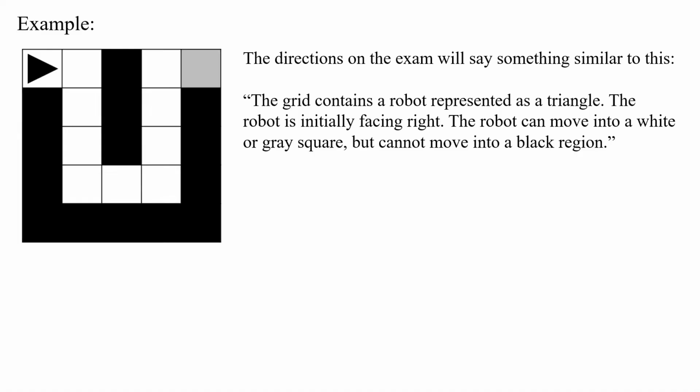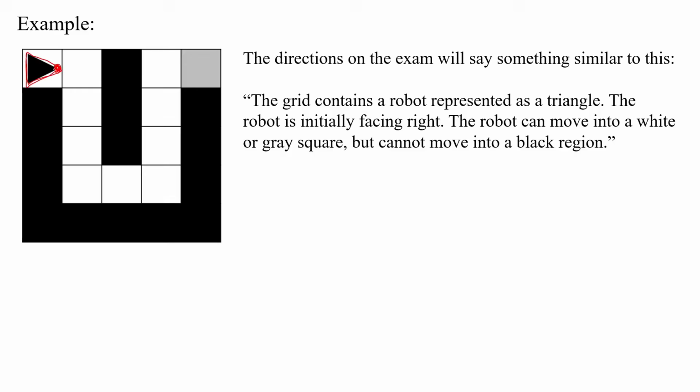So here would be a picture of what you might see on the exam and a little bit about what the directions are going to say. So it'll visually describe what you are looking at. It'll say something like the grid contains a robot represented as a triangle. So you can see the triangle right over here.